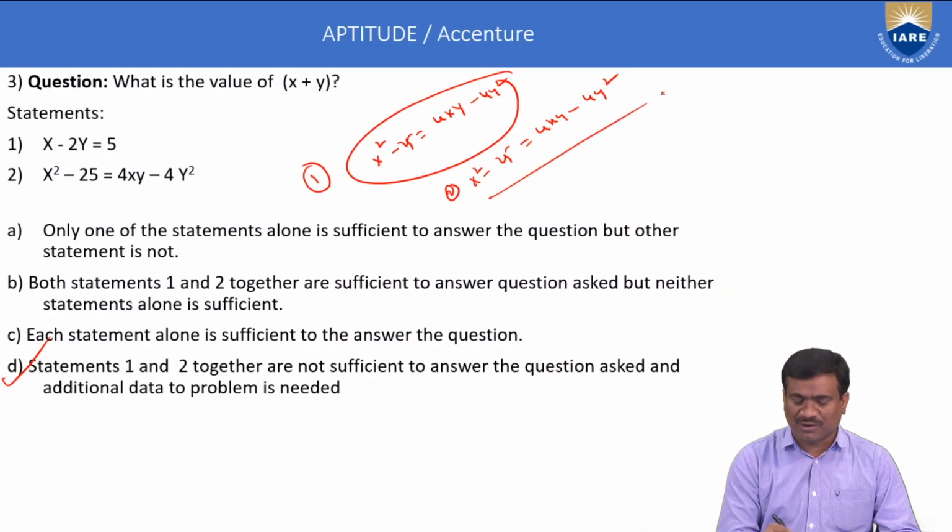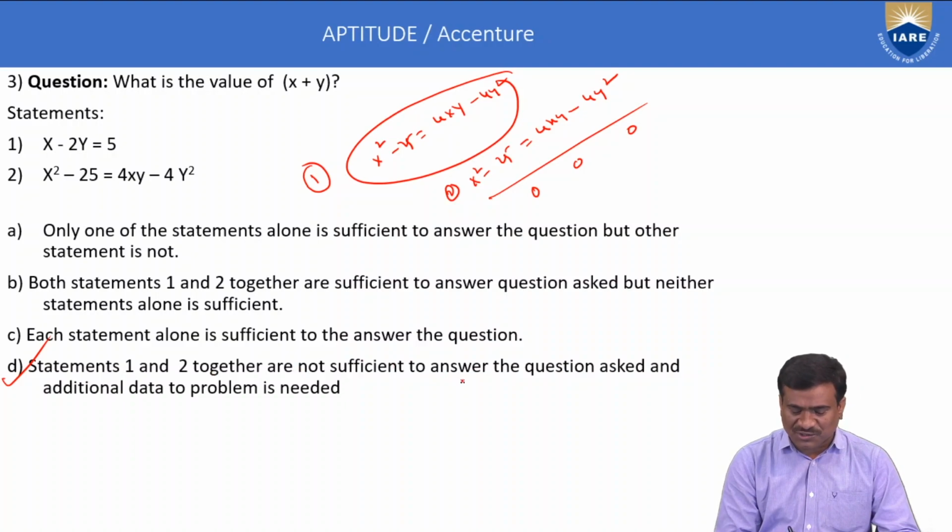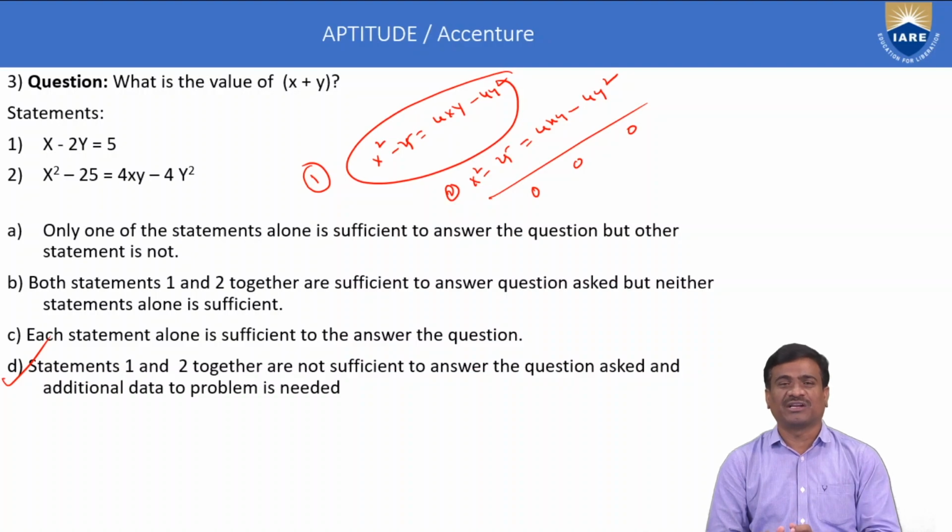Next, equation 1 minus 2. Infinite solutions are possible. Therefore, statement A alone is not sufficient, statement B alone is not sufficient, both together are not sufficient. Therefore, the answer is neither nor. Otherwise, statements 1 and 2 together are not sufficient to answer the question. Option D only correct. This is about data sufficiency.